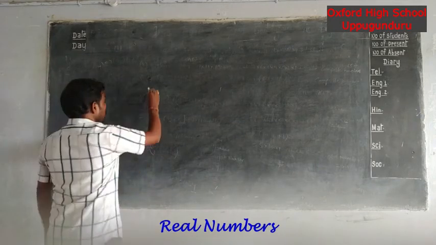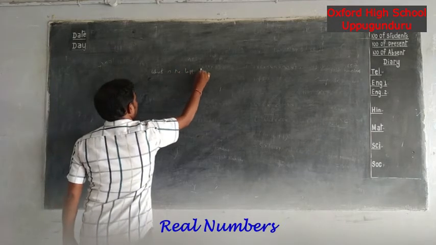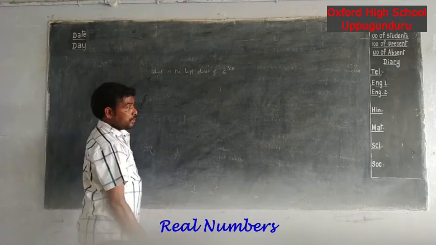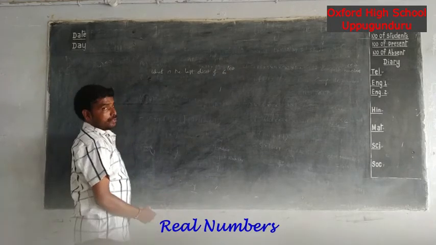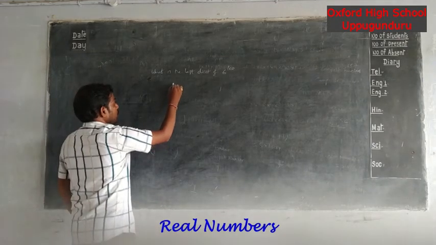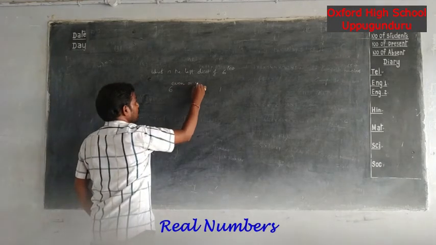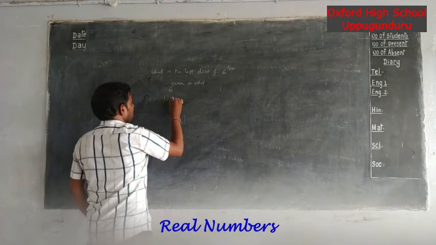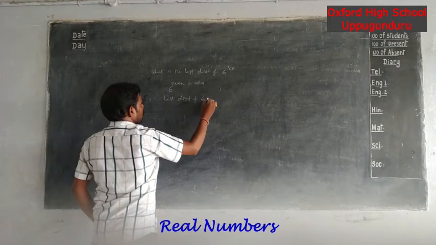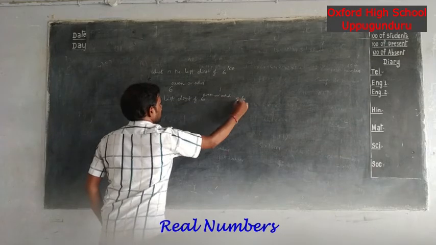What is the last digit of 6 power 100? Just now I told about the place values of each number from 2 to 9. So 6 power even or odd, last digit of 6 power even or odd is equal to 6.